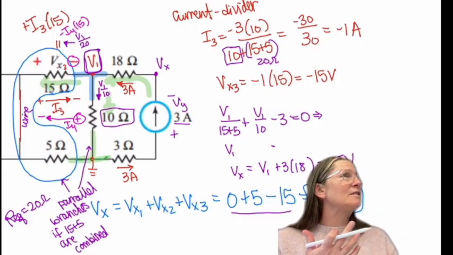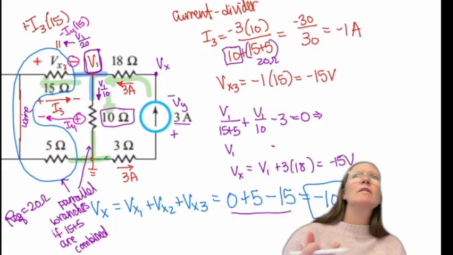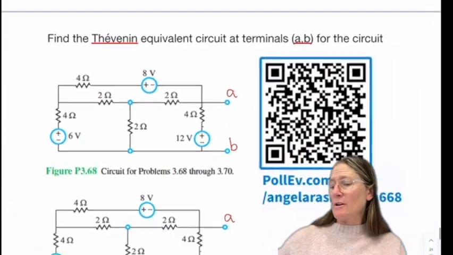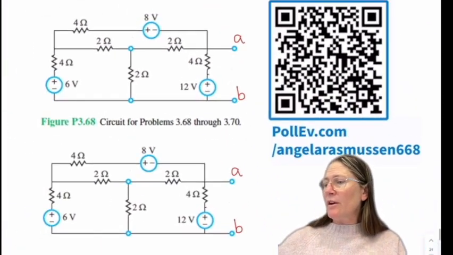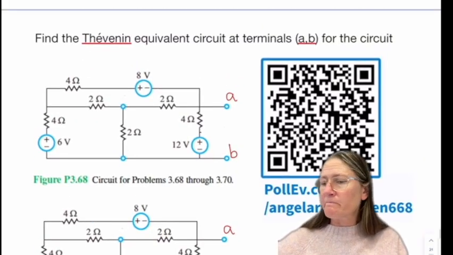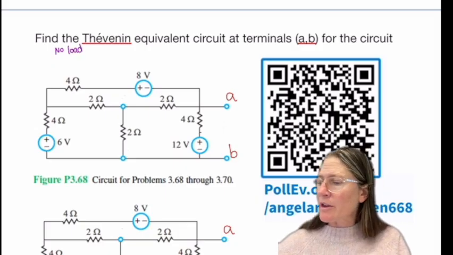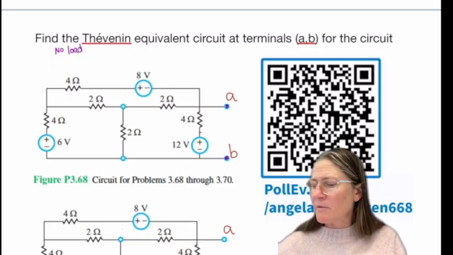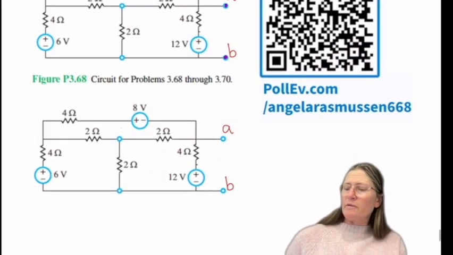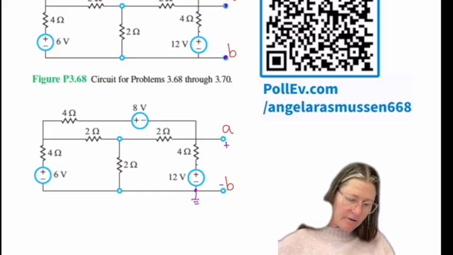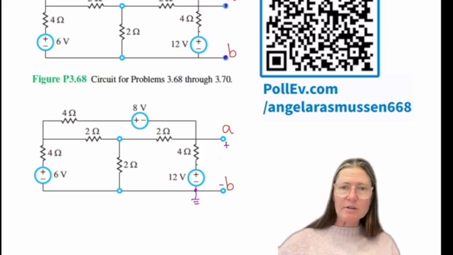Any questions on this one? Okay, so Thevenin. So here there's no load. So just find the Thevenin between A and B. So you're first going to find the open circuit voltage. And to solve for this, you're going to want to put ground at the bottom.